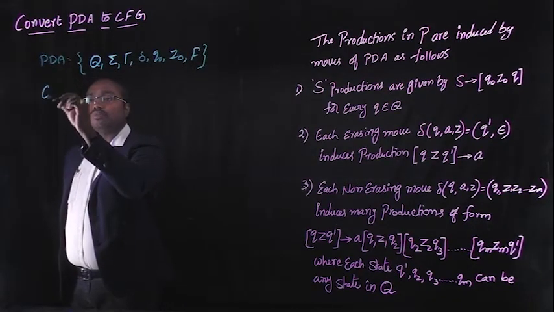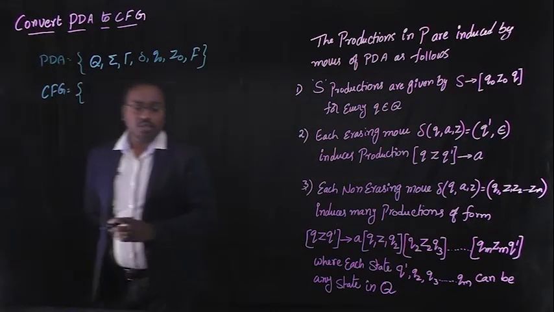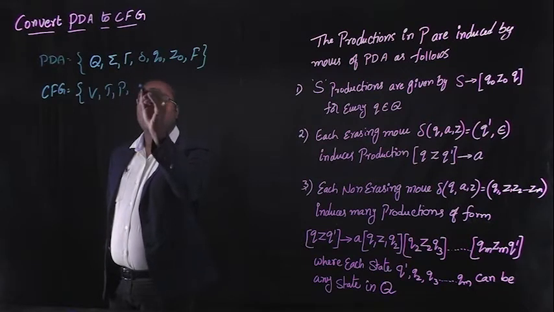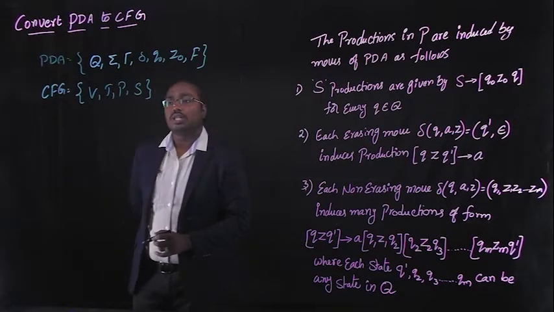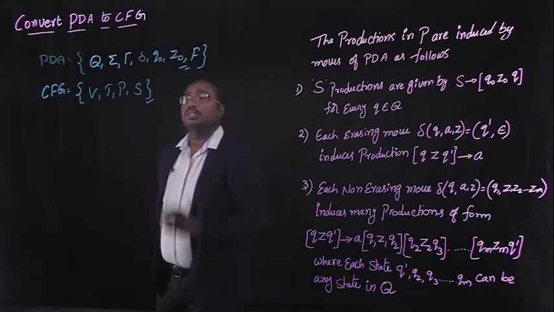And what are the tuples for context-free grammar? There are 4 tuples for context-free grammar: V, T, P, S. So we can extract these 4 tuples from these 7 tuples.